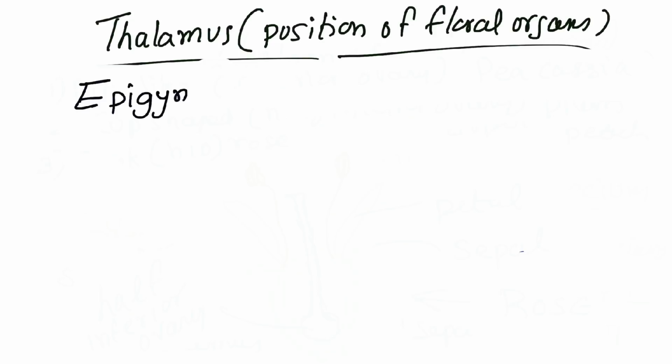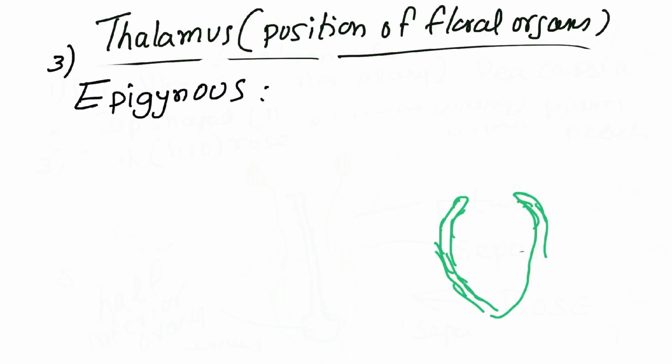Going on to the third and final case as far as the division of thalamus based on the position of other floral organs is concerned, we have what is called epigynous. Here it's interesting in the sense that not only is the ovary inferior, but it's actually fused with the thalamus.